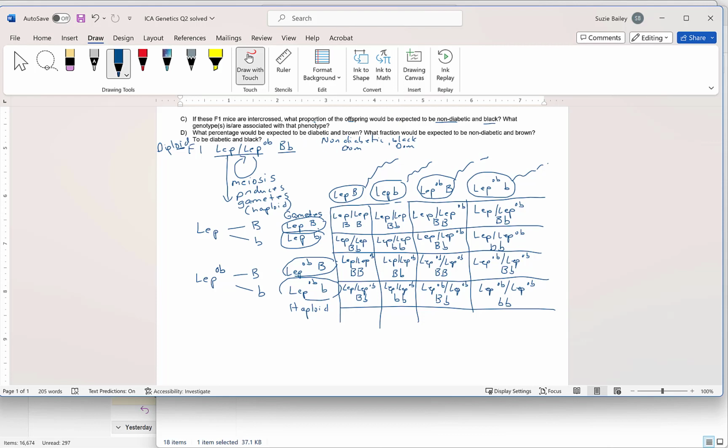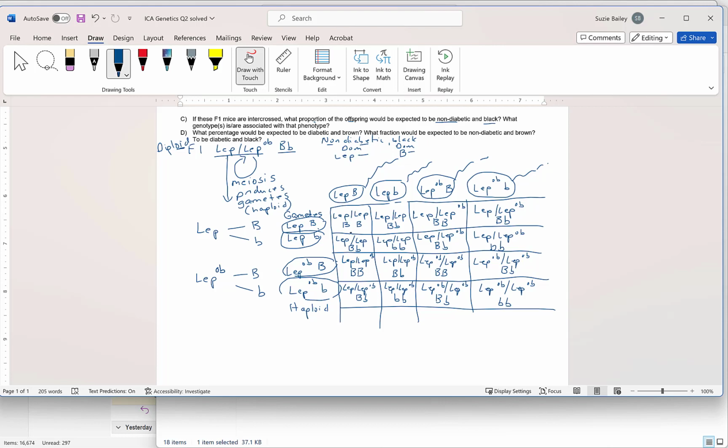And so if you have even one of the lep allele, so lep and then anything, it doesn't matter what the other allele is, you're going to have this non-diabetic dominant phenotype if you're a mouse. Likewise for the fur color gene, because the black allele is dominant, having even one of that dominant allele, it doesn't matter what the other allele is, is going to give black fur.